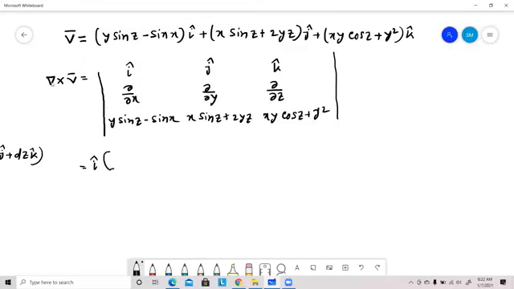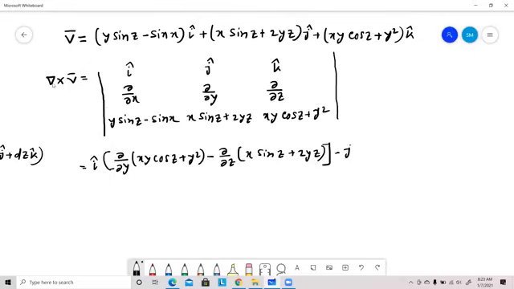if I write this elaborately, for i it will be del by del y of xy cos z plus y square, minus del by del z of x sin z plus twice yz.